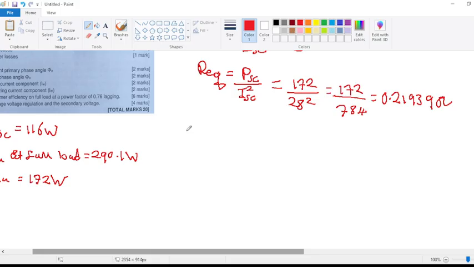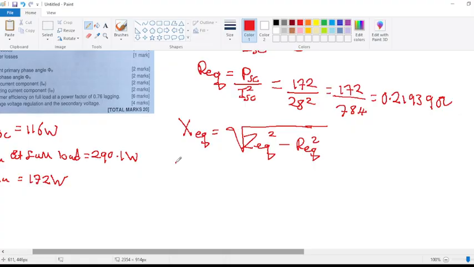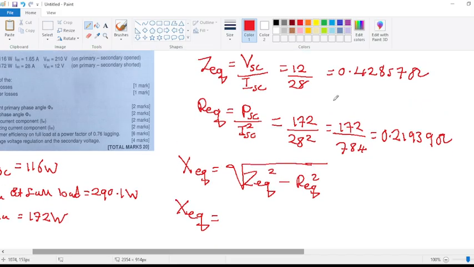This is the formula that you have to use: the equivalent reactance equals the square root of the impedance squared minus the equivalent resistance squared. So the reactance is equal to the root of 0.42857 squared minus 0.21939 squared.